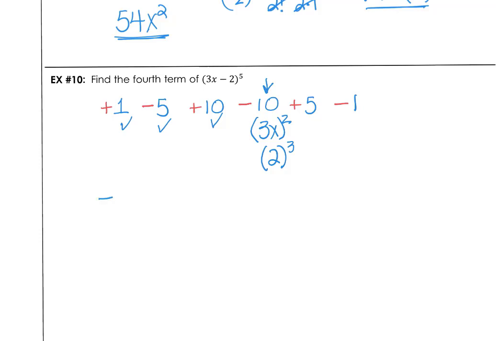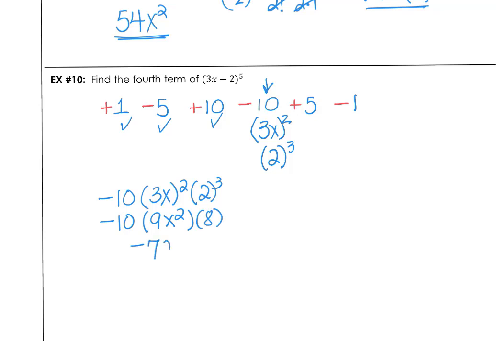That means our terms would be negative 10, and then 3x quantity squared, and 2 cubed. So negative 10 times 9x squared times 8, so 72 times 10 is negative 720 x squared.